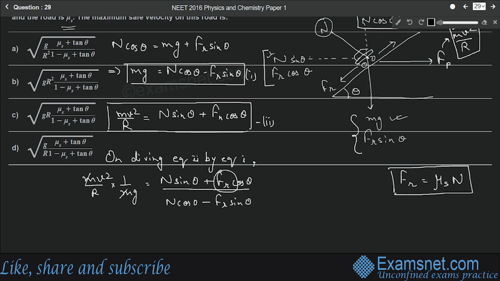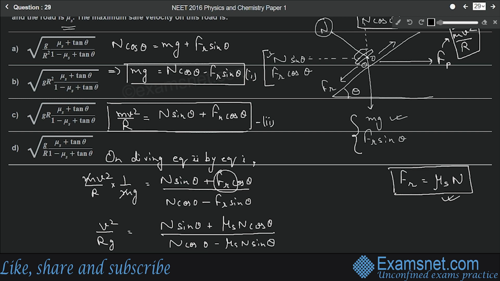On the left hand side, what is left? v square by rg is left, and on the right hand side we'll replace Fr with mu s into n. So n sin theta plus mu s into n cos theta, and on the denominator side also n cos theta minus mu s into n sin theta.